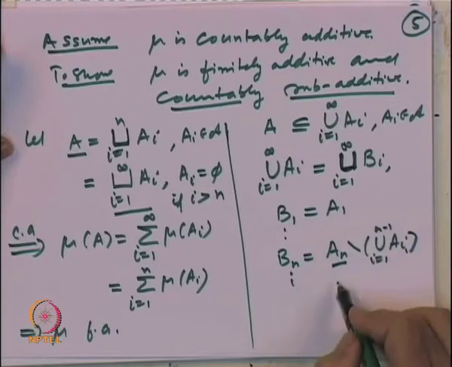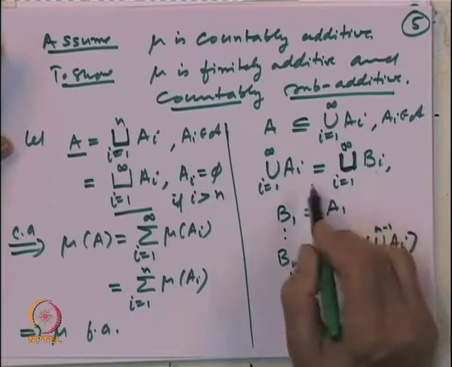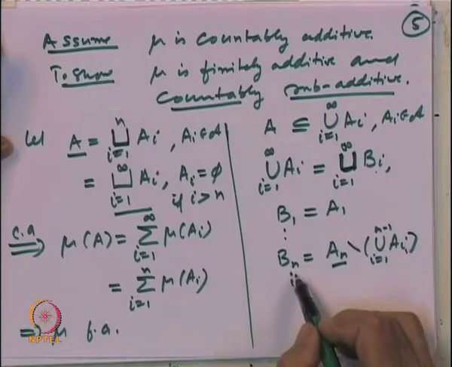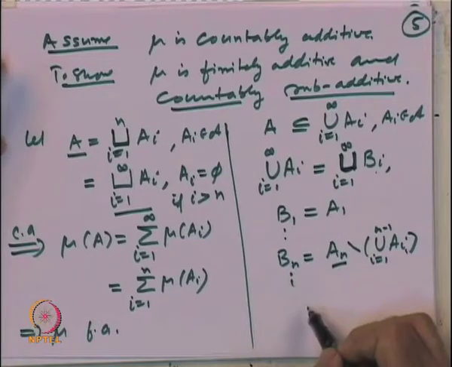So, each B_n is an element of the algebra, these are disjoint, and the union of B_1 up to B_n is the same as the union of A_1 up to A_n, and that is true for every n.